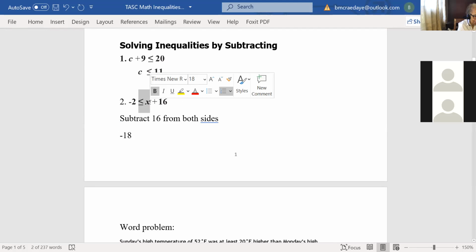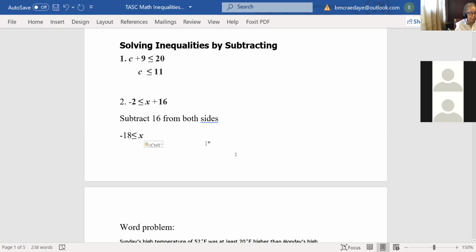So let's just put that here. Minus 18 less than or equal to X. Because when you subtract the 16 from both sides, minus 16 and a minus 2 gives you a minus 18. And plus 16 minus 16 is 0. So you just have X left.